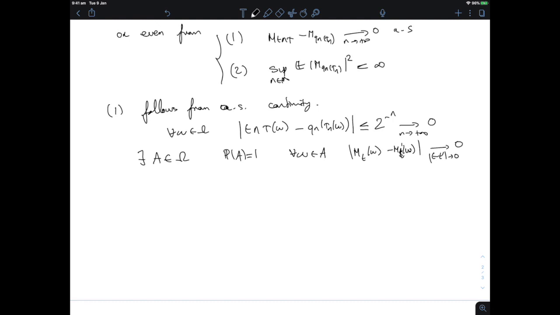So I want to apply that, and I can say for every omega in A, M_{t minimum tau} of omega minus M_{q_n of tau_n} of omega.